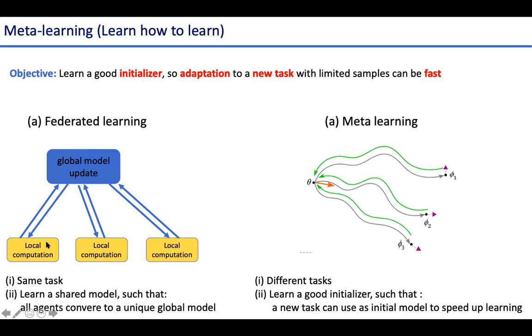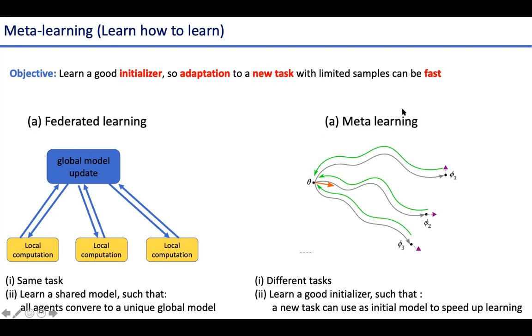Everyone will perform a local computation step, which could be computing the gradient or performing a local GD step, and then share the updated, either the gradient or the updated model, with the parameter server, which performs one global step, could be one SGD step or model averaging. That's the setting of federated learning.